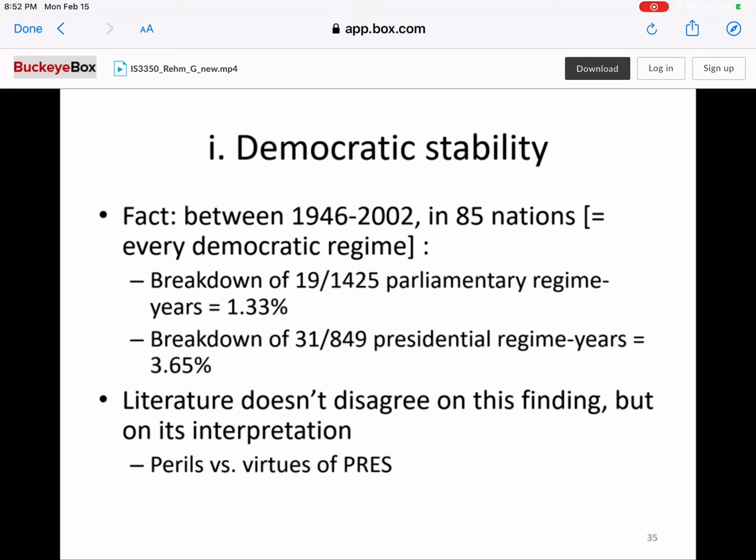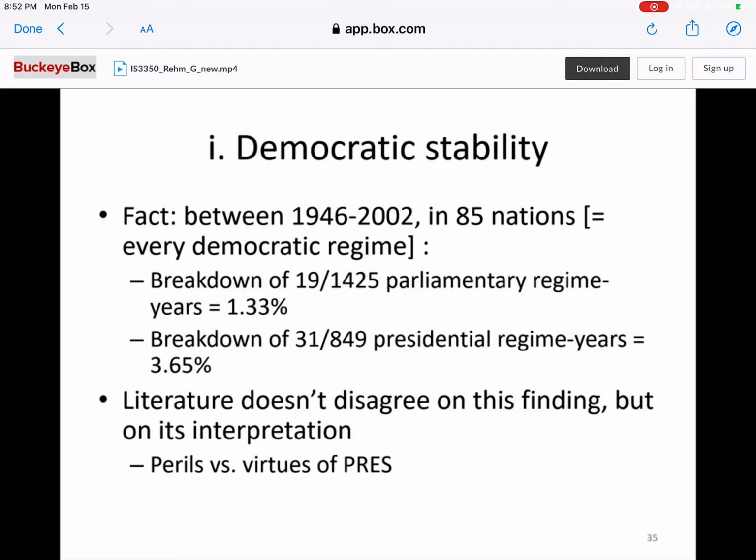And so the scholarly literature doesn't debate that presidential regimes are less stable, but it disagrees on the reason why they're less stable. Some people argue that there is something about presidentialism itself that is bad, so that it's presidentialism per se that makes these systems die more often.